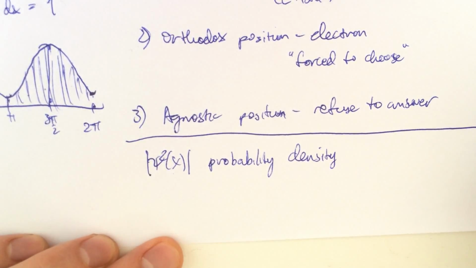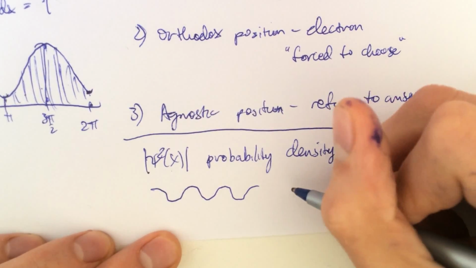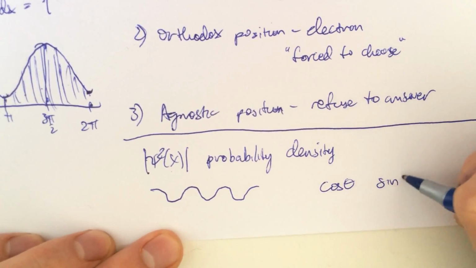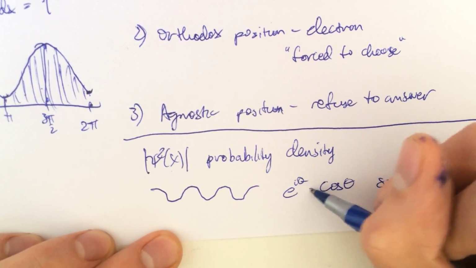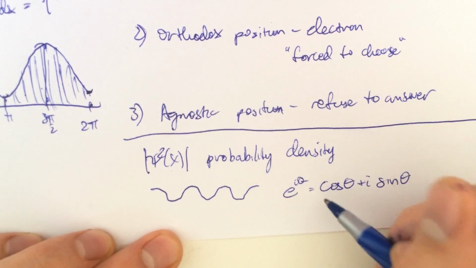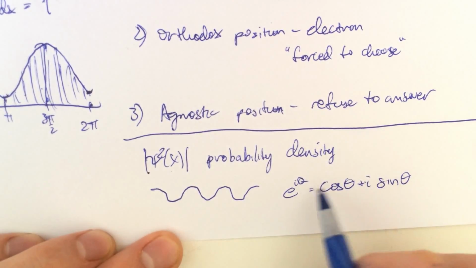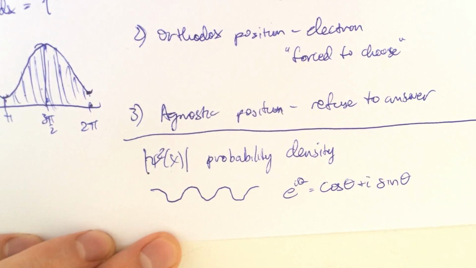If you don't fully understand why, you can just say for now that we have a wave described by cosine of theta and sine of theta. And there is a very famous formula that says e to the i theta equals cosine of theta plus i sine theta. And we clearly have imaginary numbers to deal with if we were to put it in this form. So this will come up more later on.